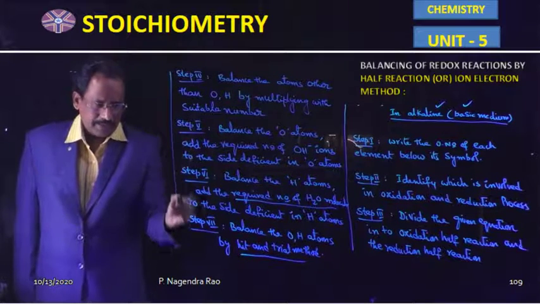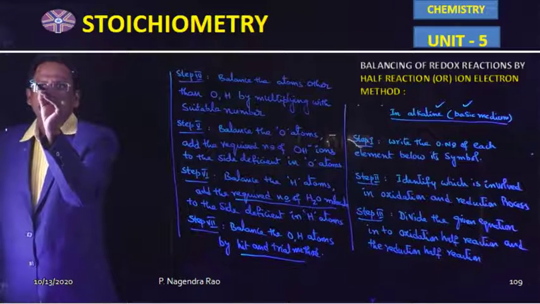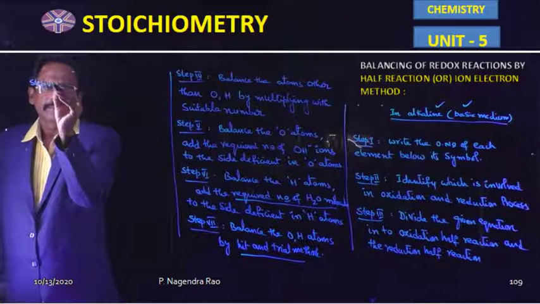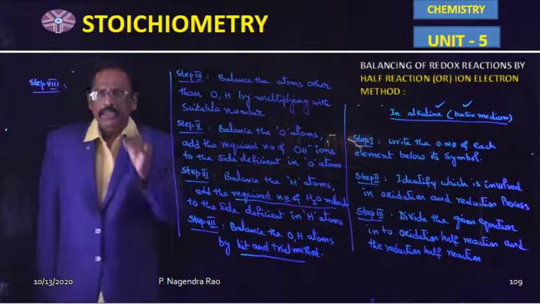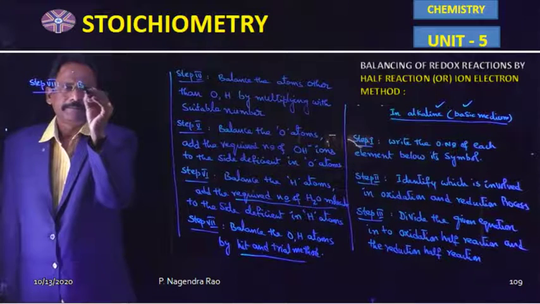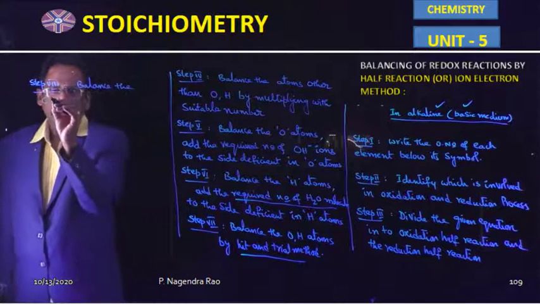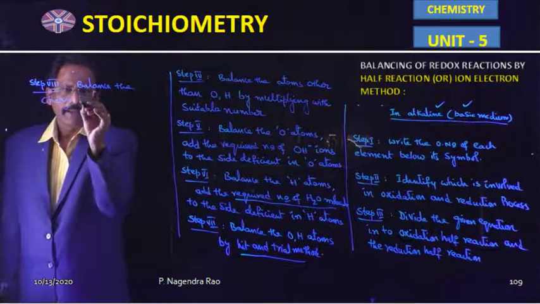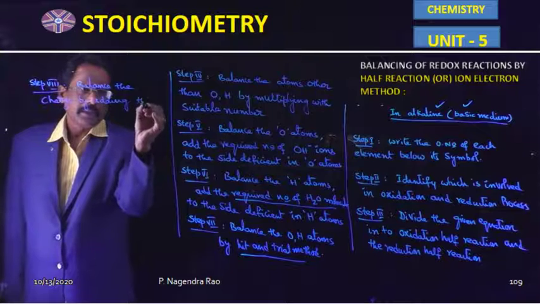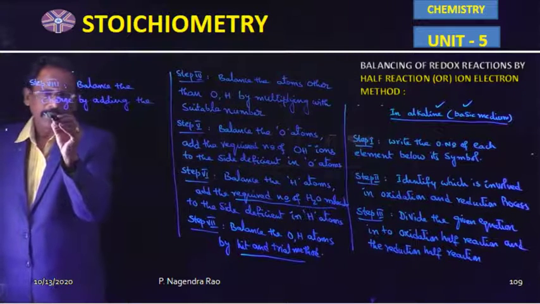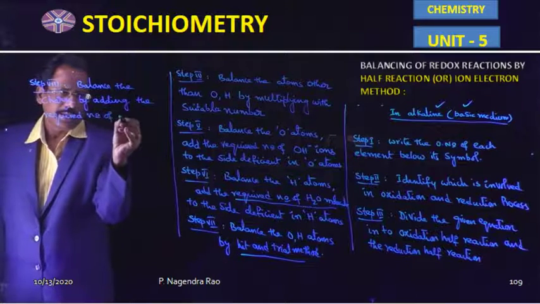And then next step is balance the charge. Balance the charge by adding the required number of electrons.